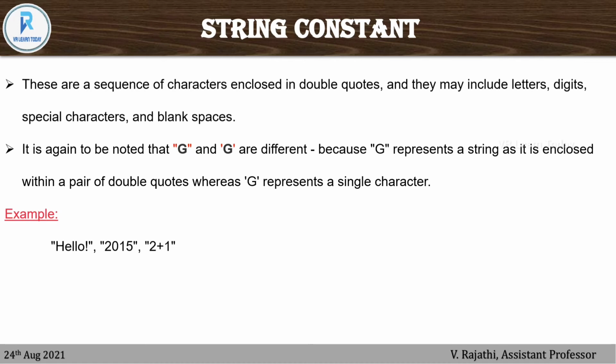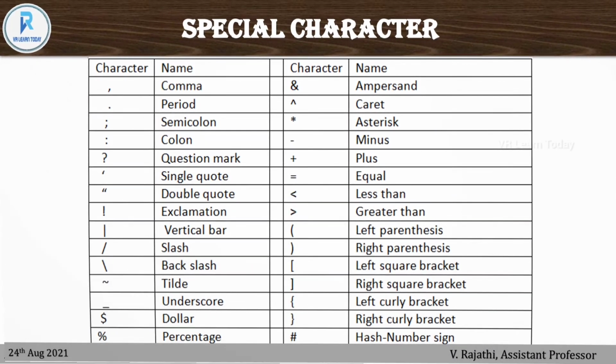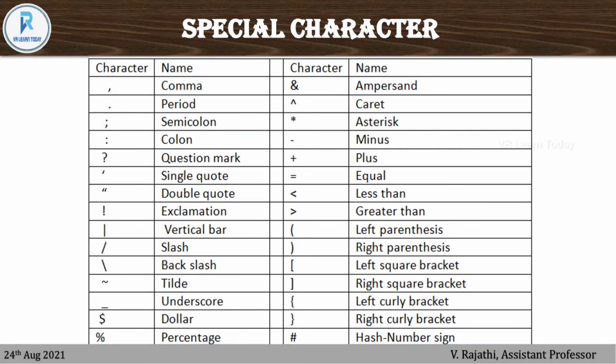Okay, so for that, these are some special characters available in C: comma, dot which is called period, and semicolon. In a C program every statement ends with a semicolon.